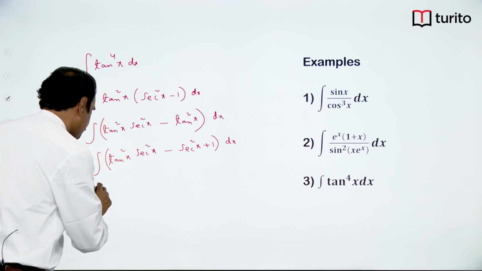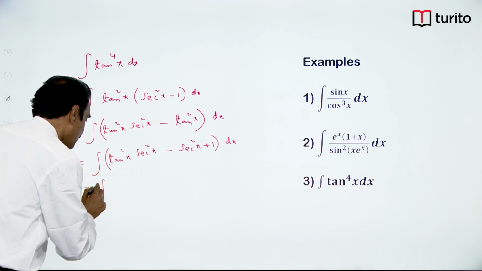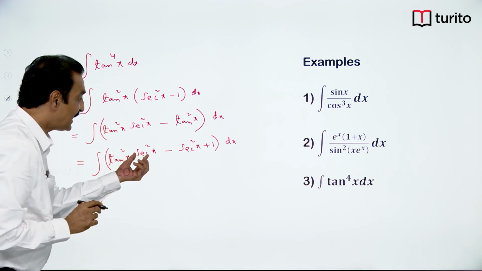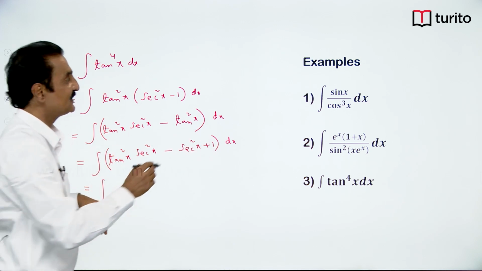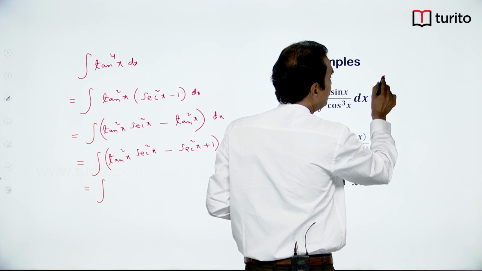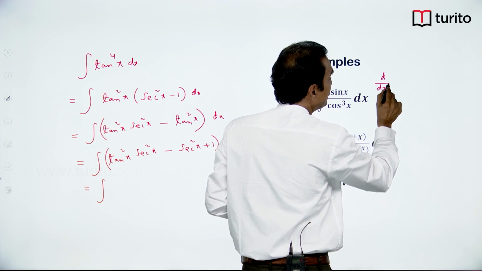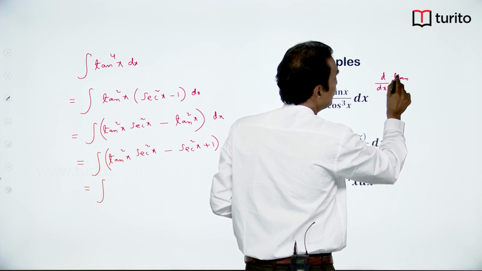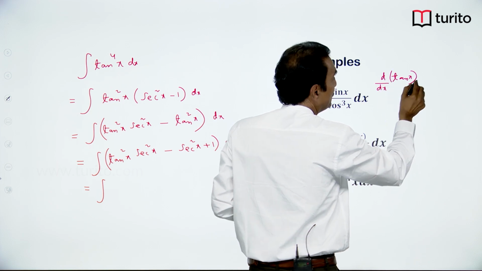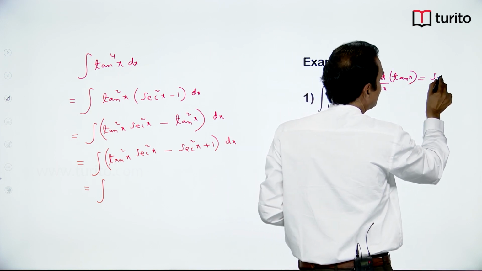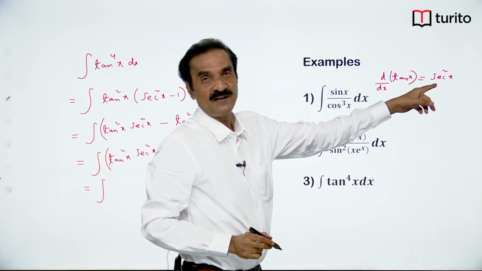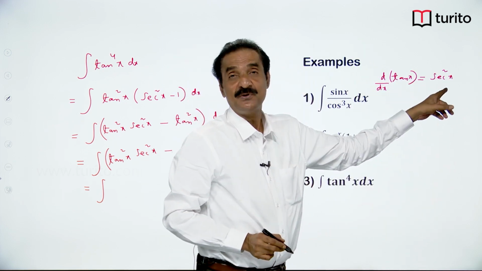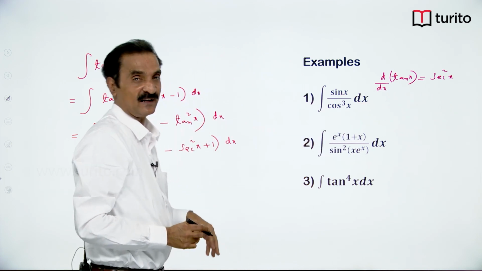Here we can write secant square x into dx as d of tan x. D by dx of tan x is secant square x. Cross multiplying by dx, secant square x into dx can be written as d of tan x.